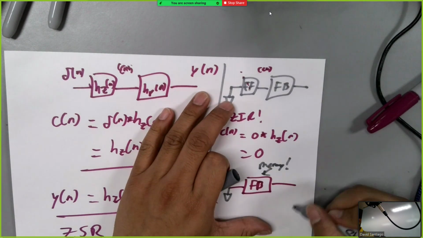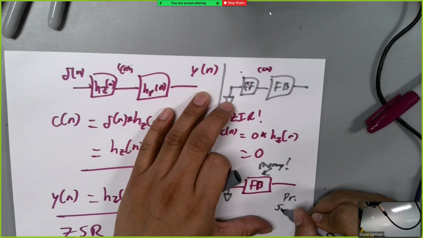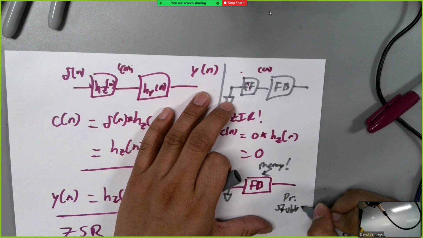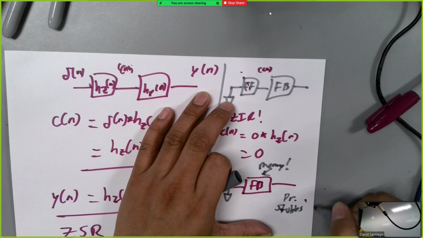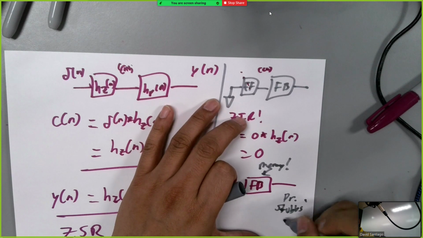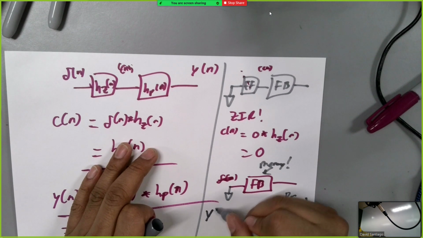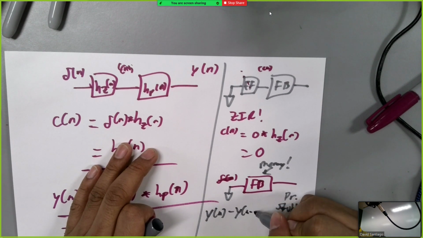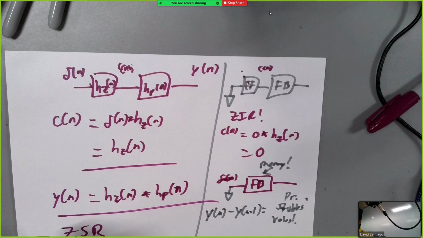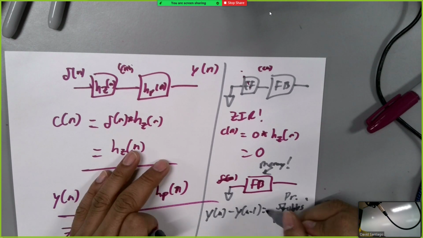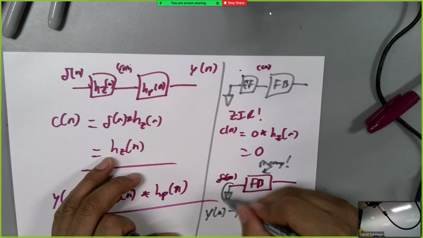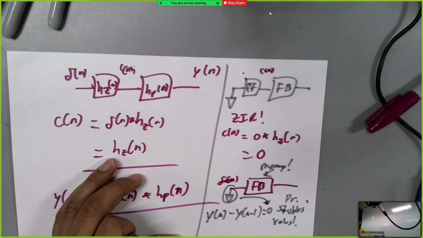This is Dr. Steerberg's values. Okay? So that means you're going to get the same poles. y of n minus y of n minus 1 is equal to... Come on, guys. 0. Okay? So that means what do?